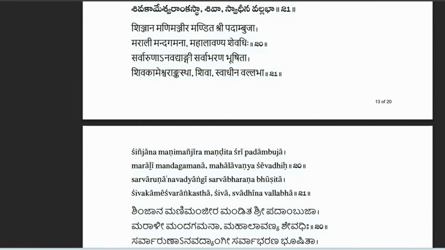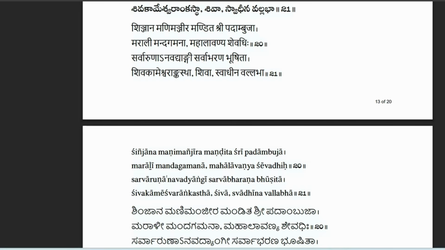Any questions about Anuswaras? Can you just go over the last line, please? Shiva Kameshwarangasta. Shiva Kameshwarankastha. So this is the Anuswara. Whenever you hear the sound, you see a dot on top of the letter, or a sunna or circle in other languages, it is usually a sound. But it is the Anuswara.